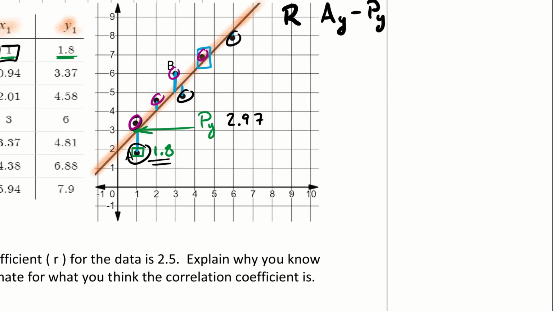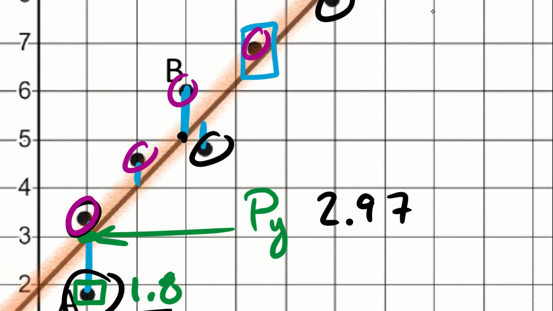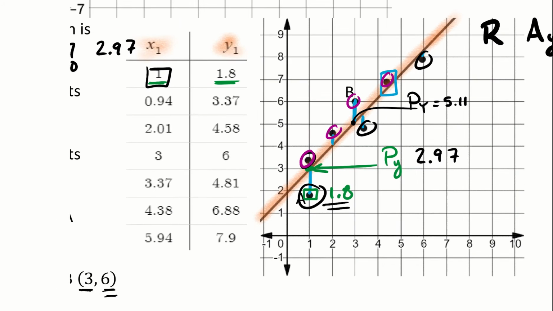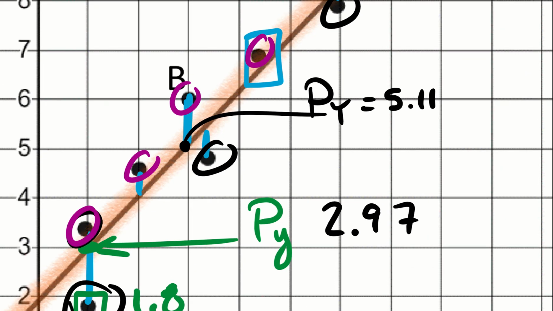So if I come in here for point B, I see a dot here. The y that's predicted by the model is 5.11, and the actual y, the one that I read in my data table, was exactly 6.